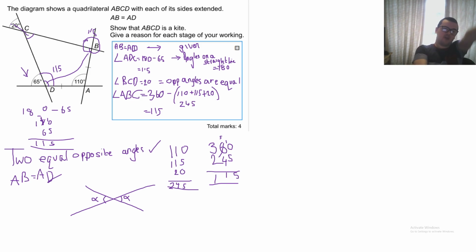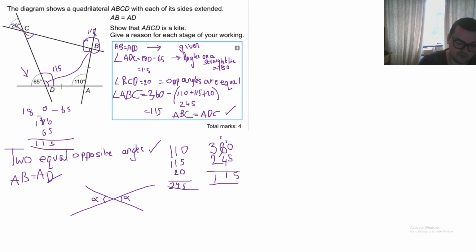We wanted to show that the kite has two pairs of equal angles, two pairs of unequal angles. BAD is 110, BCD is 20, but ABC and ADC are both the same. We've just shown that. ABC equals ADC.